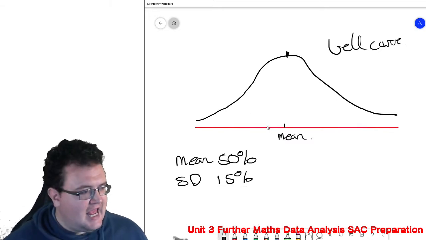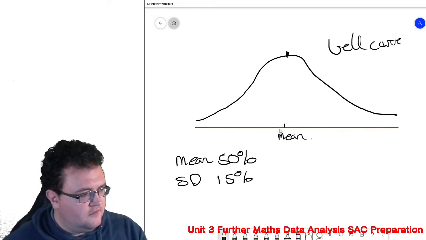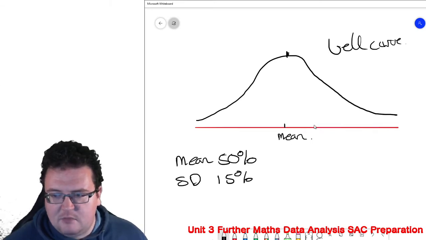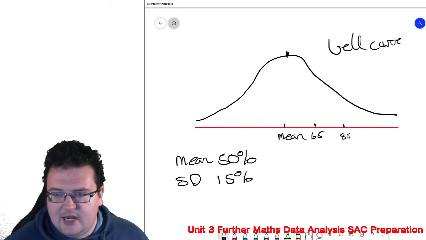If I want to count up from 50, and I want to go up a standard deviation, if this is 50, what's this one going to be? Well, it's going to be 65. If I want to go up one more, making sure they're approximately equidistant apart, 80, and then up again will be 95.